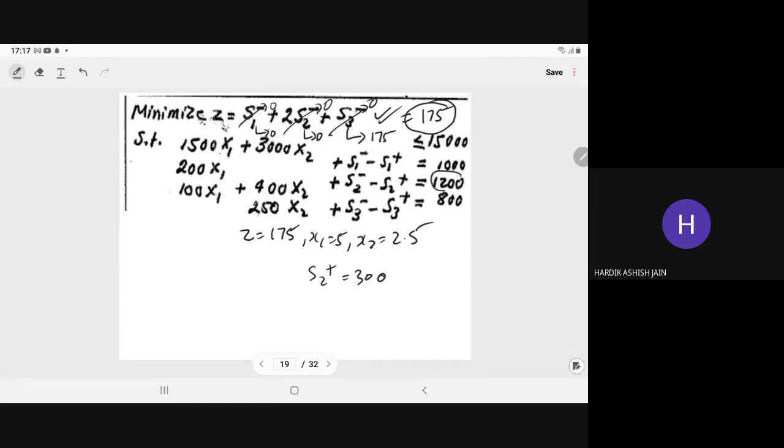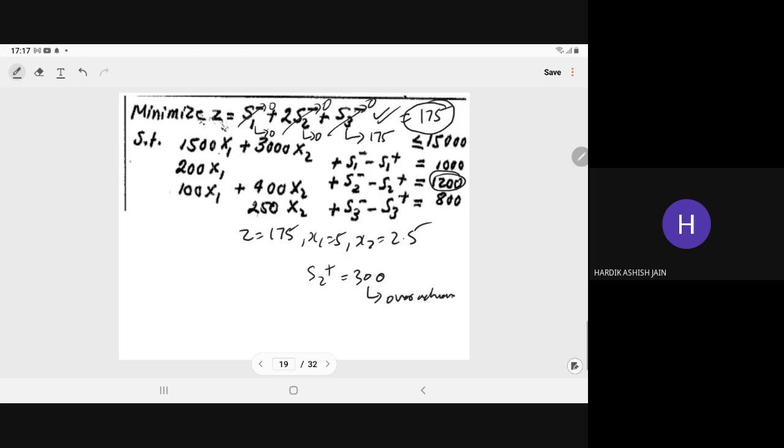Our requirement is 1200, but there are 1500 young or middle age viewers. Clear? So it shows that it is overachieved. Here it says 175, which means it is underachieved.